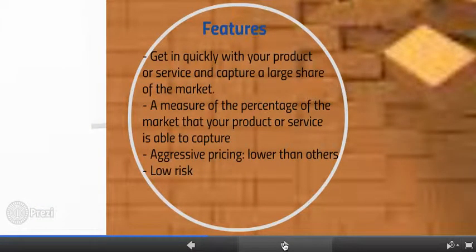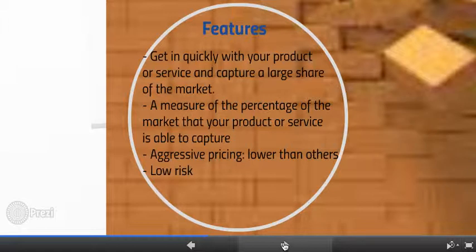The main features of this approach are that, firstly, it aims to capture a large market share by resorting to aggressive low pricing. It is actually a measure of the percentage of the market that a product is able to capture. Due to all these features, it carries a very low risk since it is a mere extension of its current successful strategy.